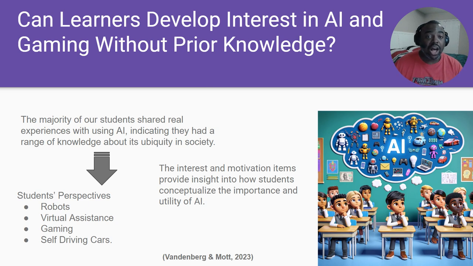The authors also state that the interests such as these and others and motivational items provide insight into how students conceptualize the importance and utility of AI. A majority of students agree that AI is important to learn now so that they are prepared in the future. This suggests that learners' interest in AI can be influenced by their perception of its value and relevance to their own lives and future goals.